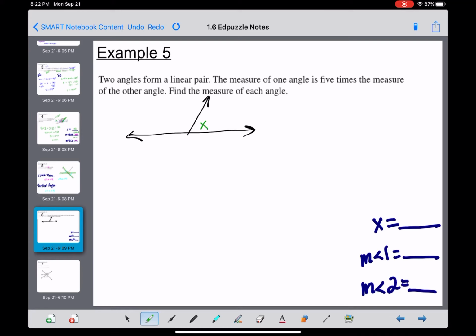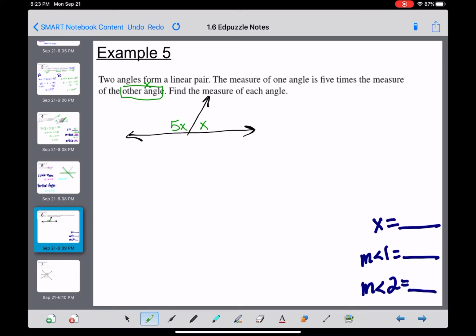My second angle is 5 times the measure of the other angle. So if I let my other angle be x, the first angle then is 5 times that angle, or 5x.